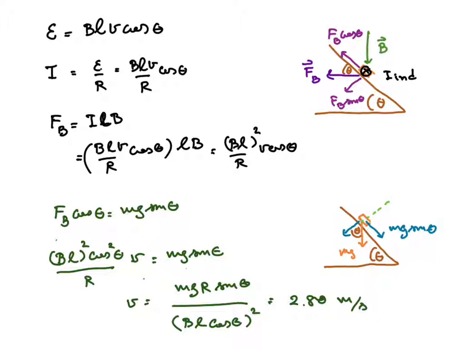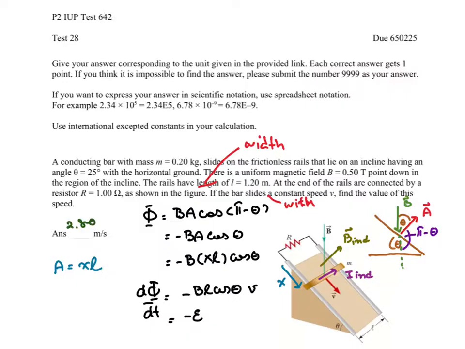Now, it is very important that we know the direction of I. If we look at this figure, the direction of I will point into the plane. Or if we go back to this figure, this is the direction of I, the induced current.